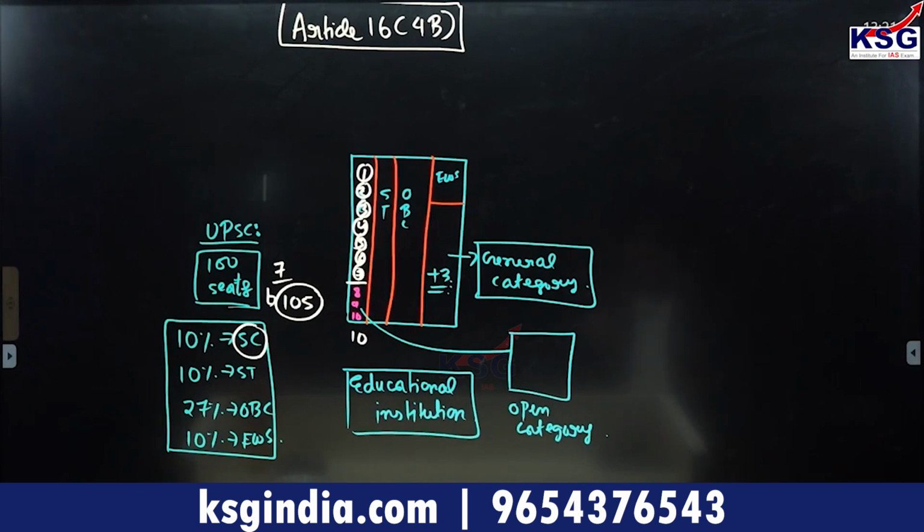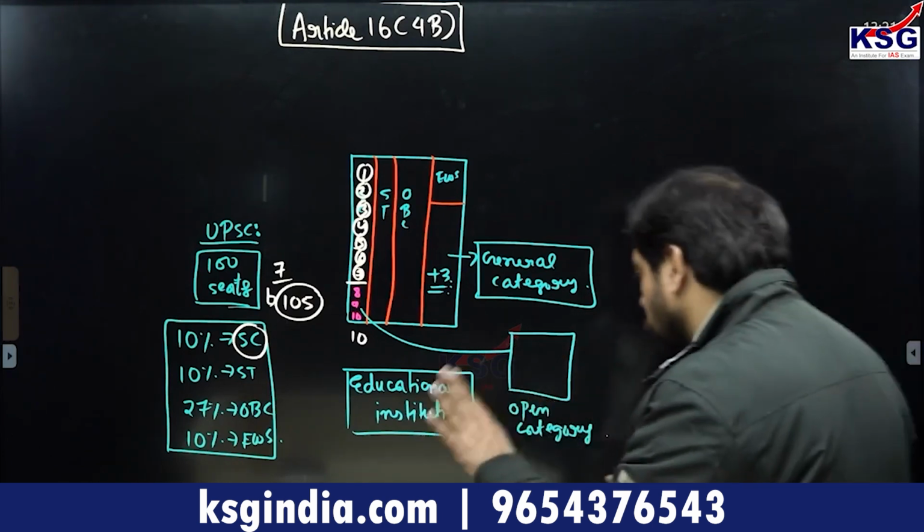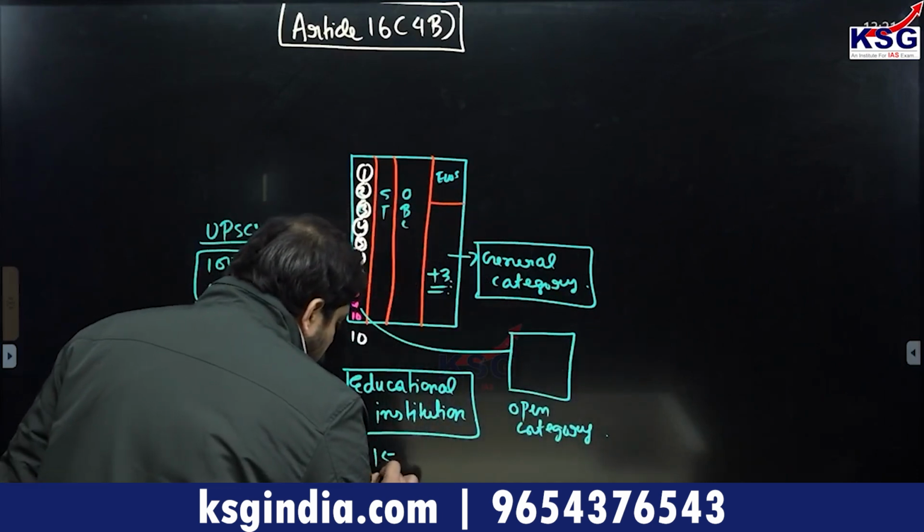Seats 1 to 7 are taken by SCs, but seats 8, 9 and 10 are not, as no SC candidate touched the cutoff of 105. In educational institutions, these 3 seats would be rendered open, meaning they would be given to the general category. Clear? This is in the case of educational institutions under Article 15 of the Constitution.